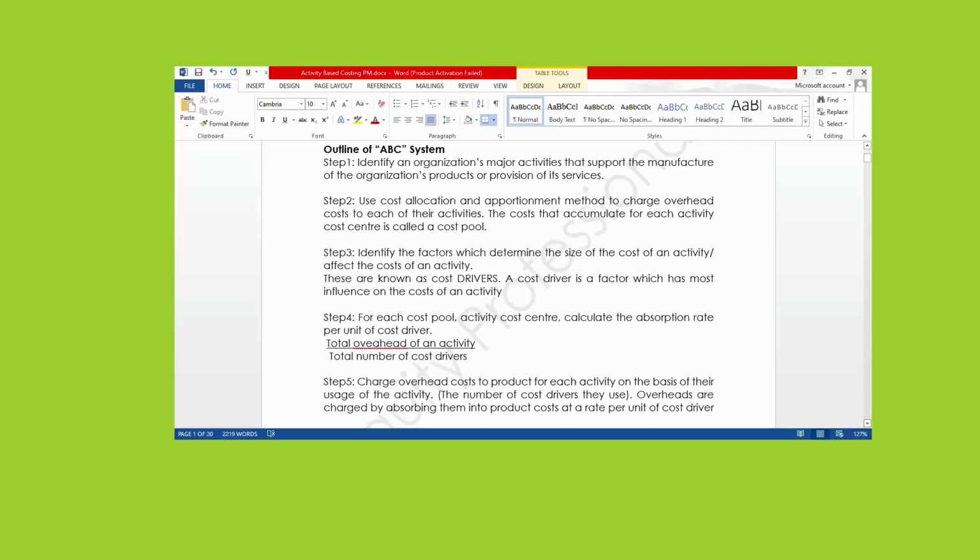This is calculated as total overhead of an activity divided by total number of the cost driver.